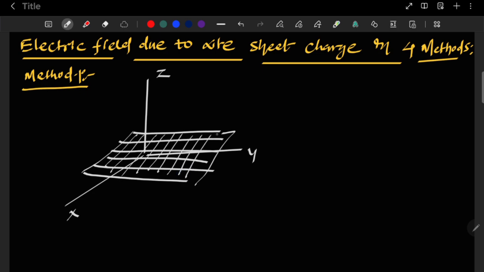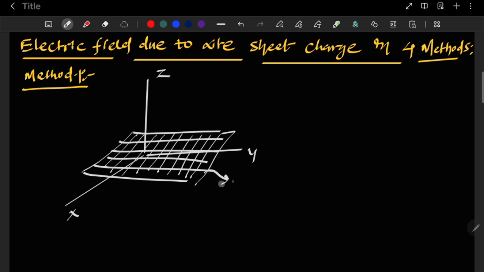So it is not a finite sheet, it is an infinite sheet. It is extended towards minus x-axis, plus x-axis, minus y-axis, and plus y-axis up to infinities. Okay, minus infinity to plus infinity, minus infinity to plus infinity along the x and y-axis respectively.